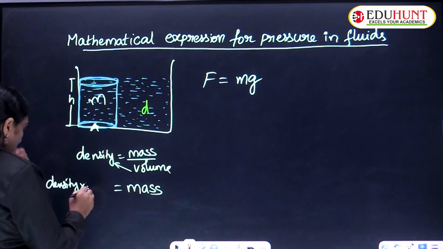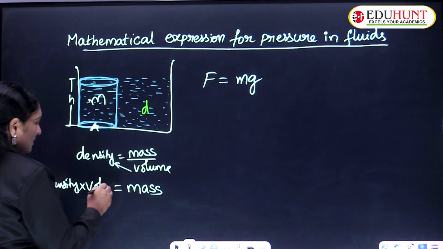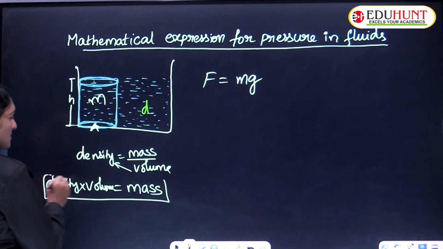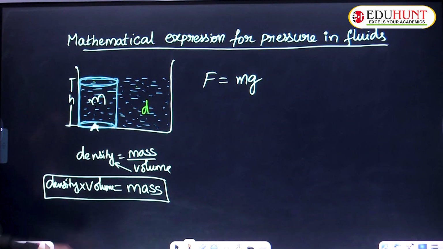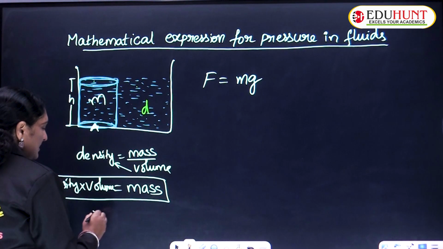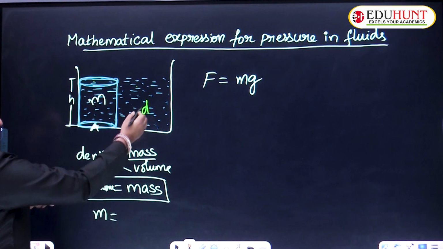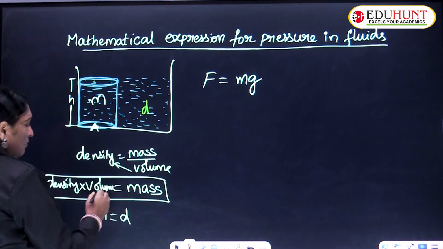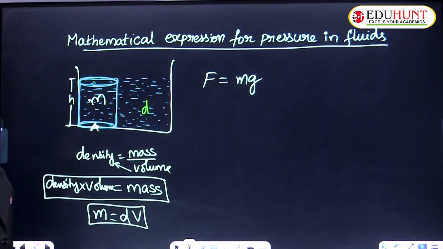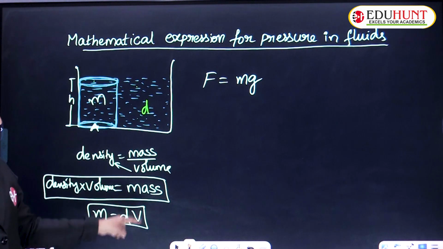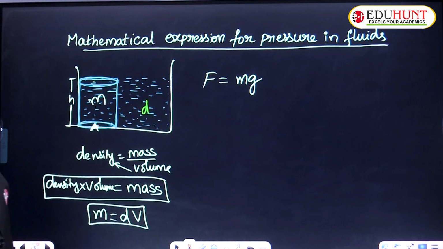Density into volume will give you the mass of the liquid portion. So I'll write mass as M, density I already named as D, and volume let us take as V. So mass can be written as density into volume.